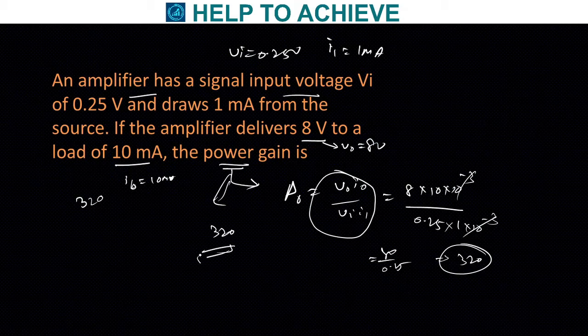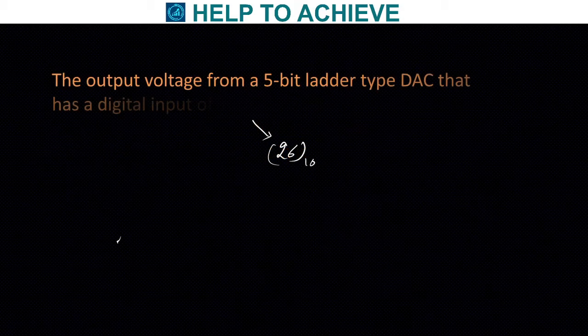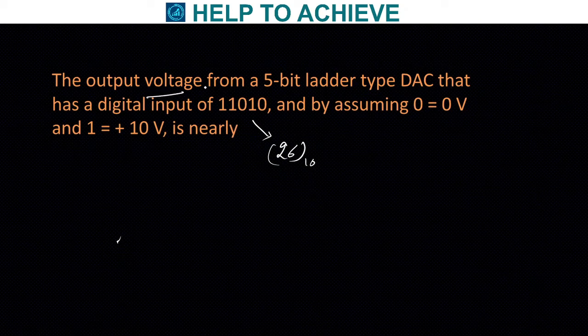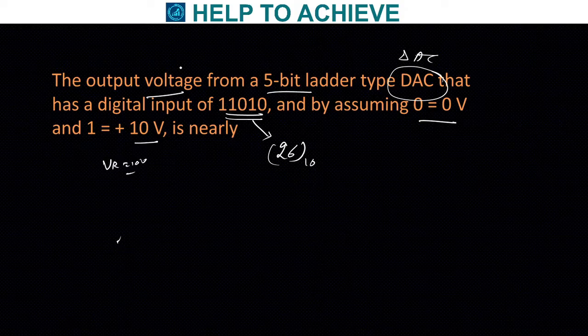Okay. Next, the output voltage for a 5-bit ladder DAC, a digital to analog converter. The digital input is given as 11010, assuming 0 is 0 volts and 1 is 10 volts. So that means the full-scale voltage is given as 10 volts. Then they are asking us to find the output voltage for this input. This 11010 corresponds to decimal 26.